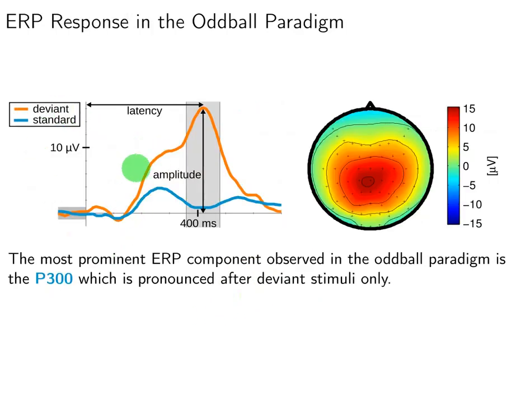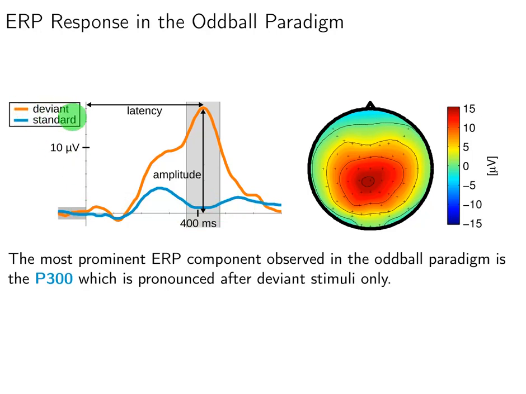So a typical example of ERP acquired from the Oddball experiment looks like this. The deviant that is shown 20% of the time has the following features, with increased amplitude, if we compare to the standard.